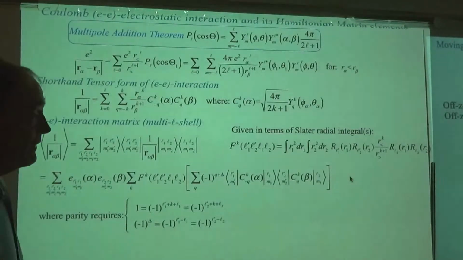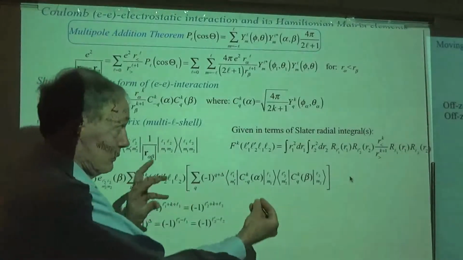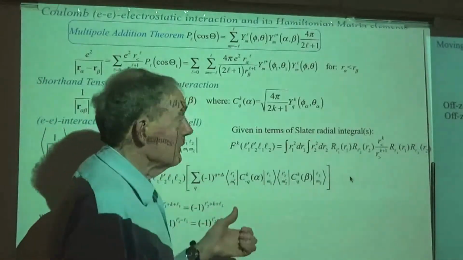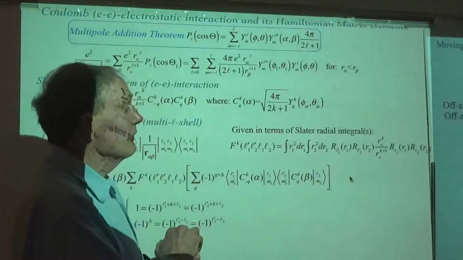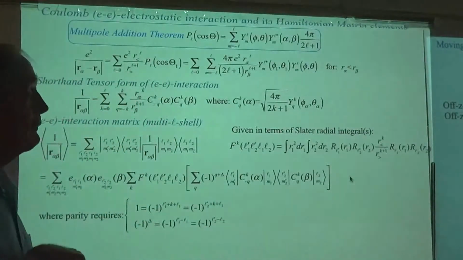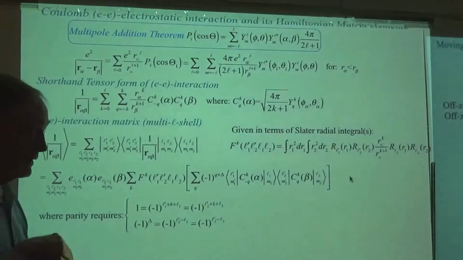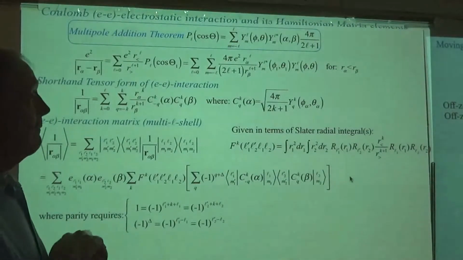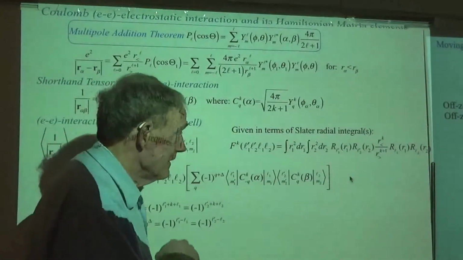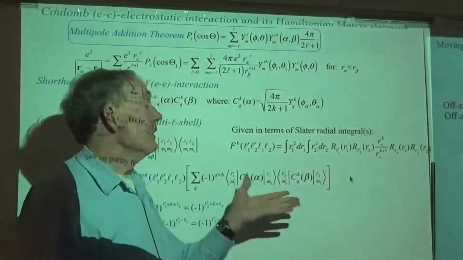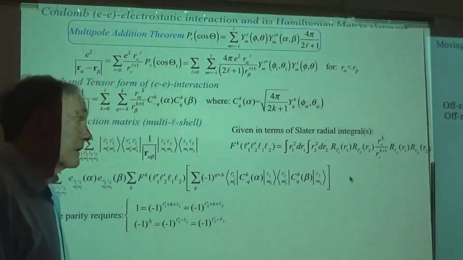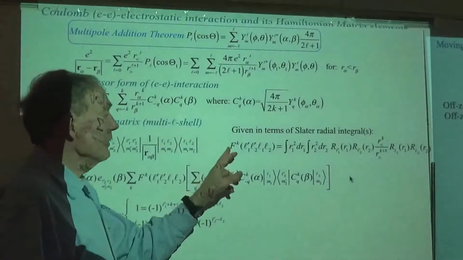If, in fact, this were two electrons orbiting around a single nucleus without a core of other electrons, that is, a very weird hydrogen that had more than one electron, then I could use hydrogen radial functions to calculate this.